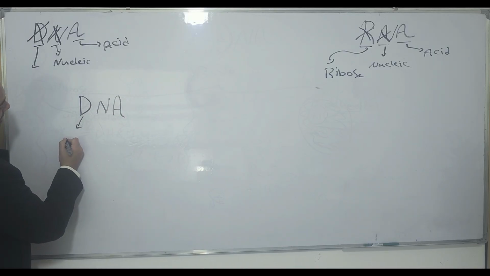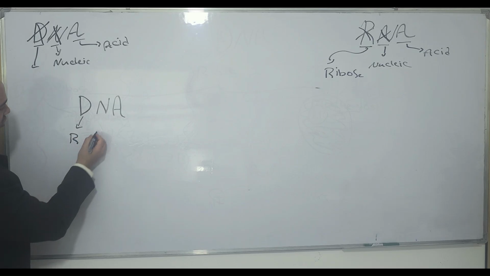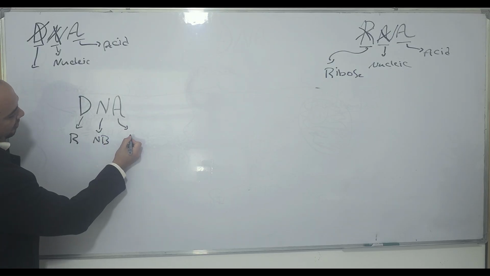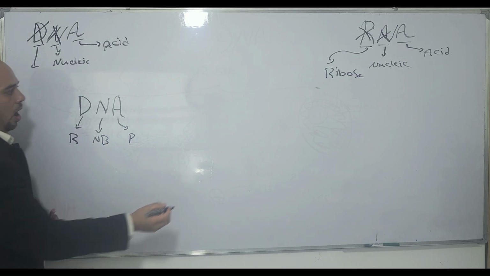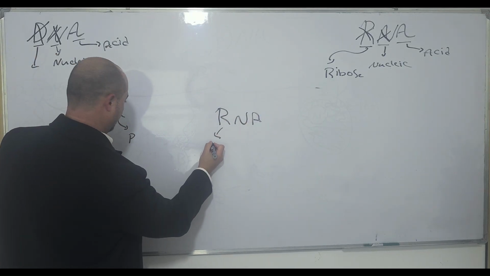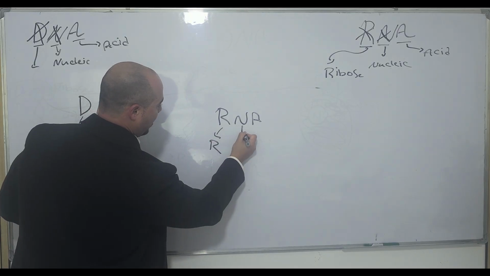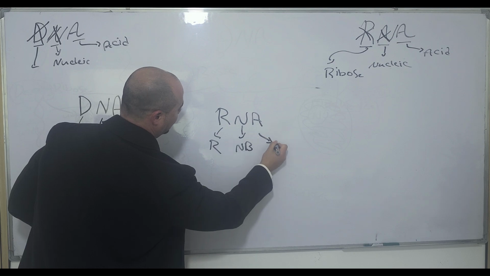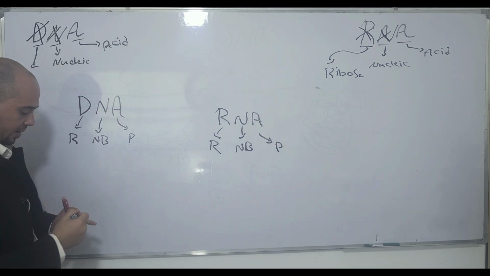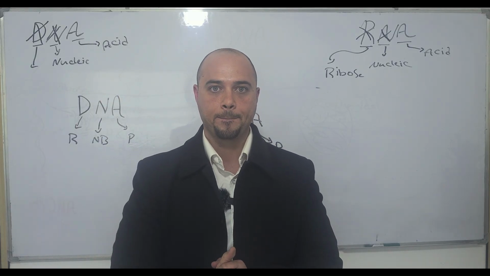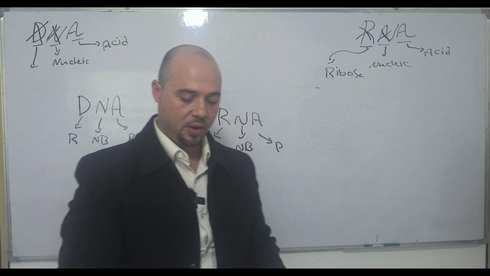Because the D-R stands for the ribose sugar, which is deoxygenated, so it doesn't have an oxygen group. And the N for the nitrogen bases, and the acid simply refers to phosphate. That's it. RNA, same thing, right? So the ribose sugar, the nitrogen bases that make the RNA, and the acid, which is simply the phosphate. And that's all. Okay, so this is what the word really means.